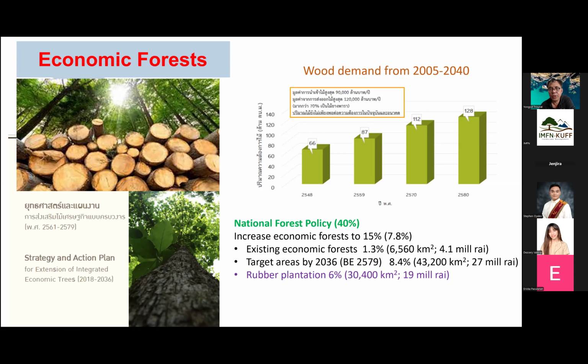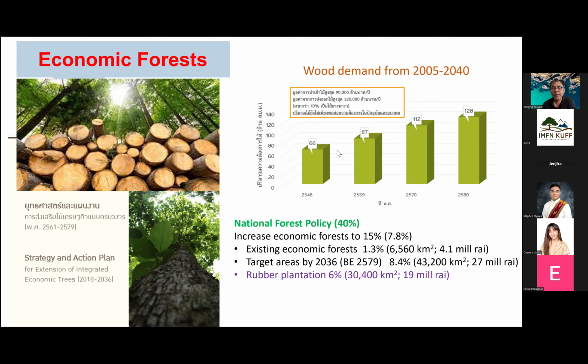According to the recent report of the FAO, about 50% of global wood production will come from plantations in the future.